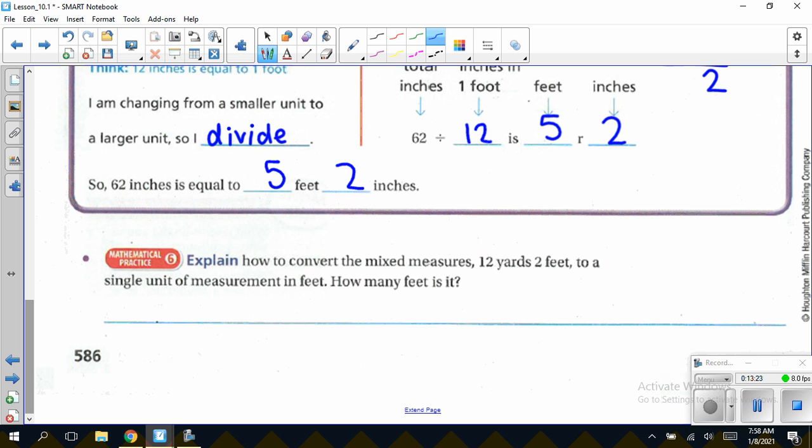So I'm going to have to multiply the number of yards, which is 12, by the number of feet in 1 yard, which is 3. And that will give me 12 times 3 is 36 feet.